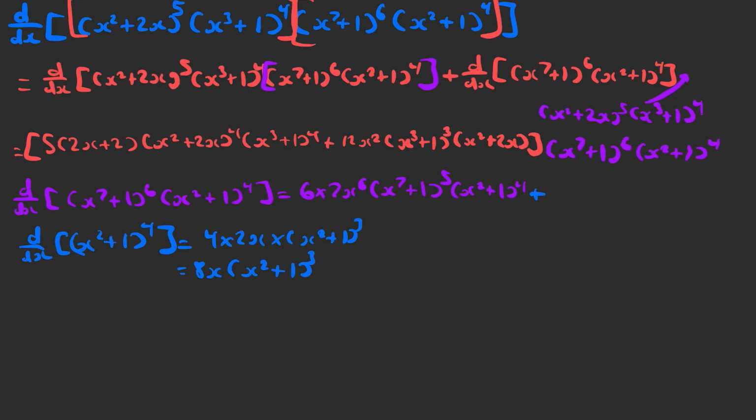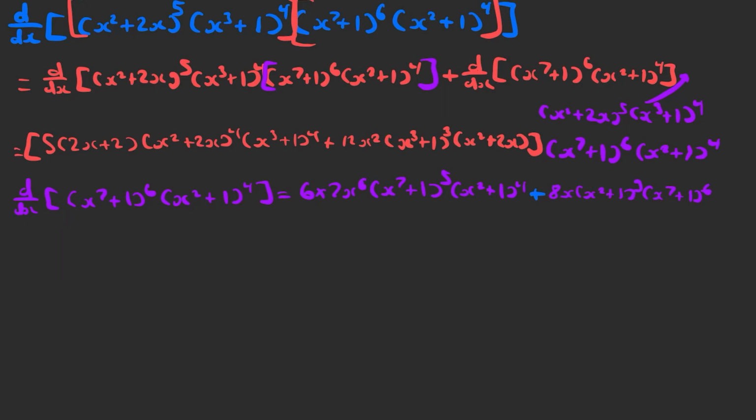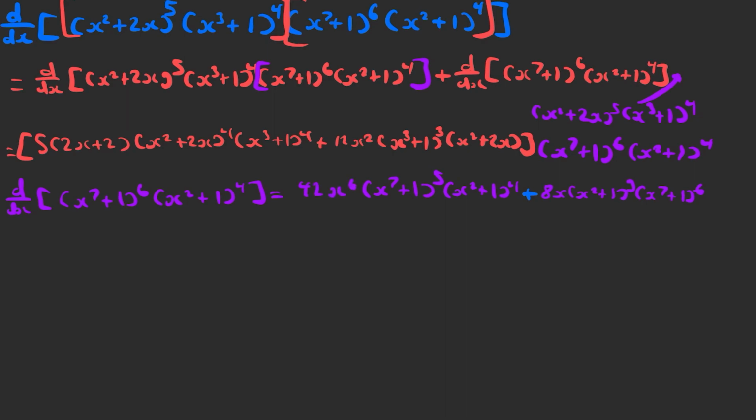So 8x times (x squared plus 1) to the power of 3 times (x to the power of 7 plus 1) to the power of 6. Okay, so that's the derivative of this insane function, and we have again used the chain rule inside of our product rule. Now simplifying those, 7x to the power of 6 times 6 will be equal to 42 times x to the power of 6.